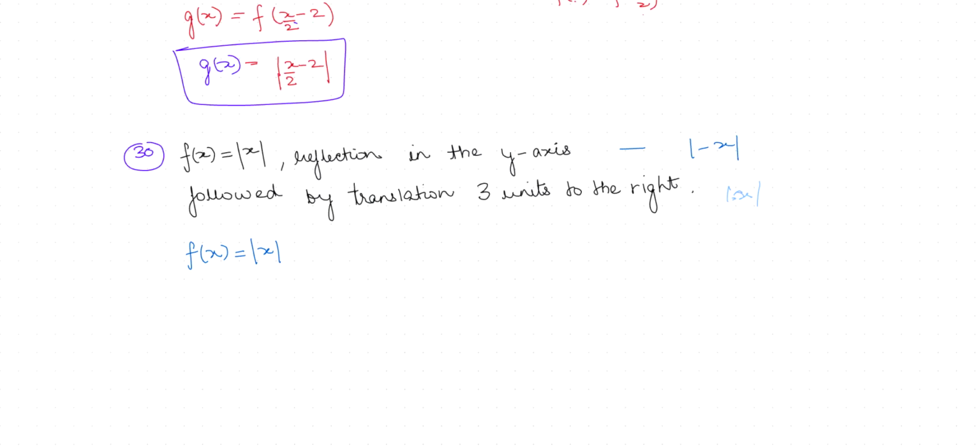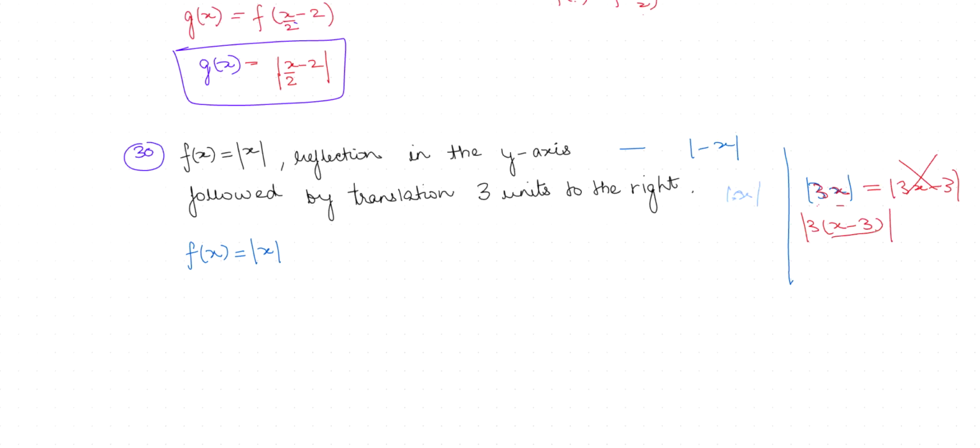Remember, if it is, suppose, 3x, for example, when it is translation 3 units, we only do it with x. Only x goes to x minus 3. We don't write it as 3x minus 3. This would be wrong. So when it is translation 3 units right, only x, we factor everything out, whether it is negative or a number, and we just do x minus 3.